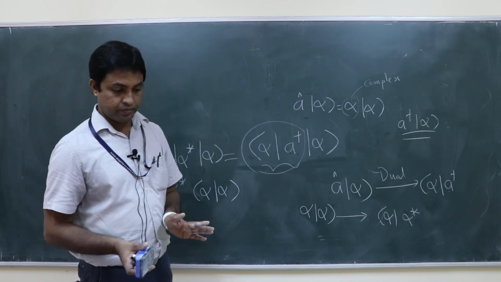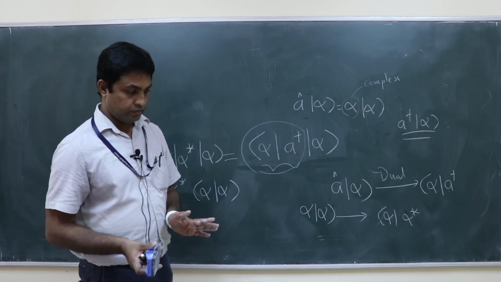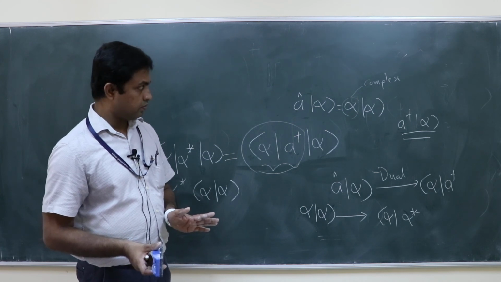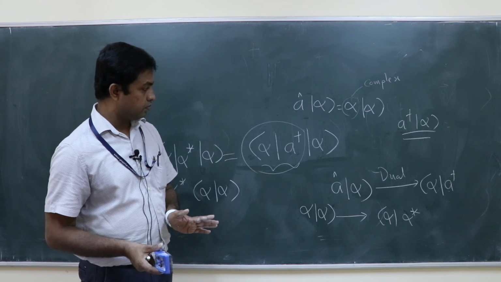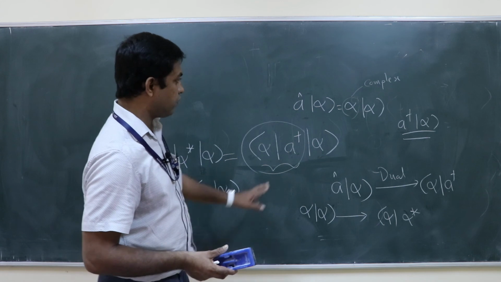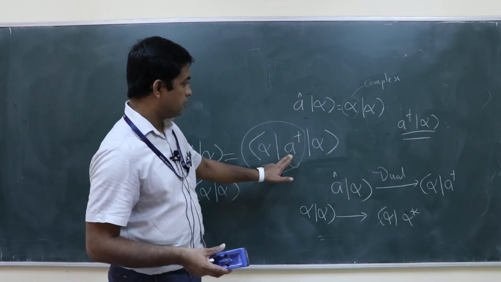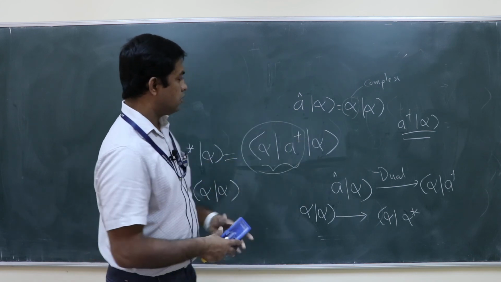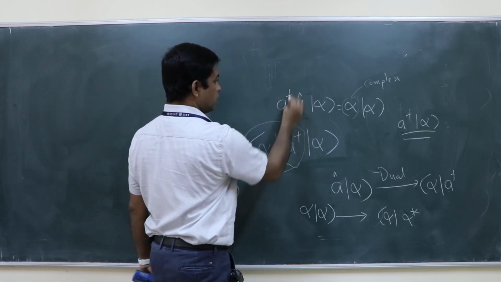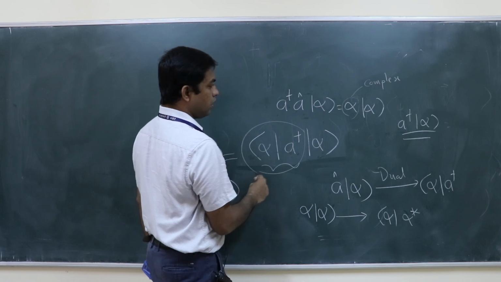Sir, given that A ket alpha is equal to alpha ket alpha, can we apply dagger on both sides of the given expression and find out A dagger on bra alpha?